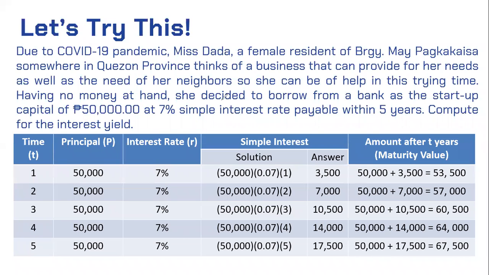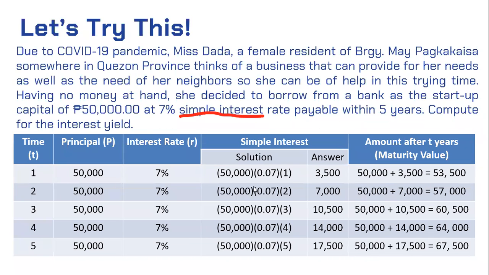So in this problem, ayan po, it's very clear that it is given in simple interest. Ano po? Yan. So from this table, pinakita po kung magkano yung yield niya for the 50,000 na pinarrow niya from the bank. So during the first year po, yung 50,000 niya at 7% simple interest, ang maging interest po niya is 3,500. So, meaning, kung babayaran niya after the first year pa lang, it will be 53,500 ang ibabayad niya.